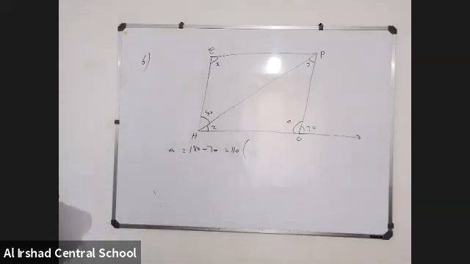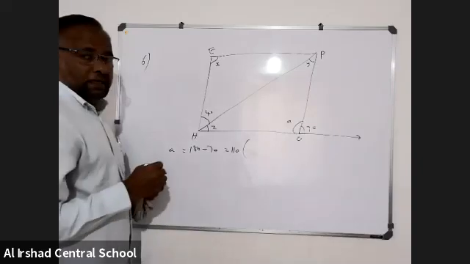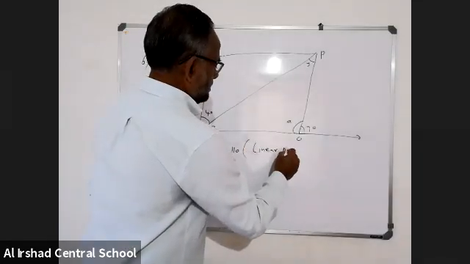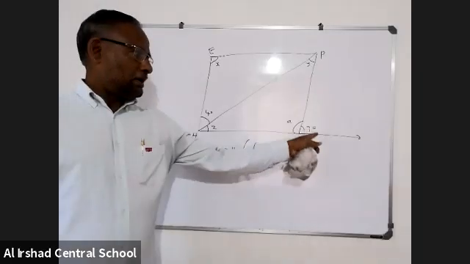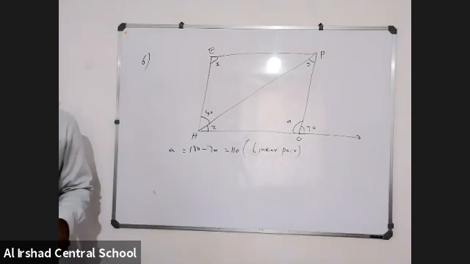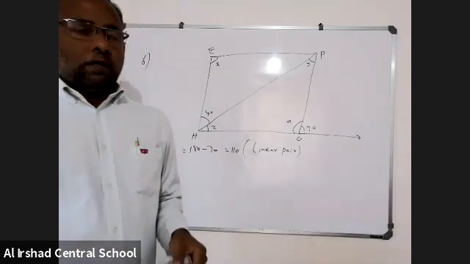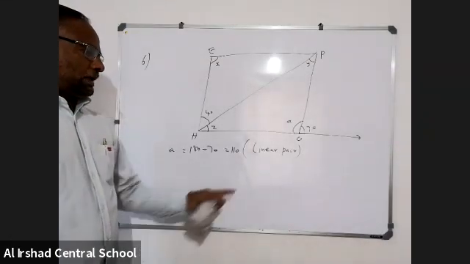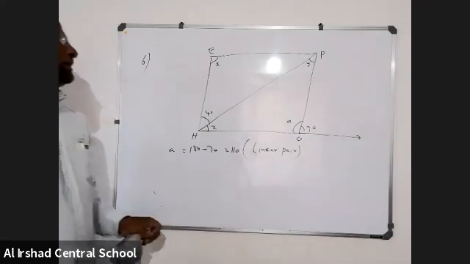What is the reason? Linear pair. You can write the reason. All of you write. Linear pair means angles add up to 180 degrees. When the sum of two angles is 180 degrees, they are called a linear pair. Now forget x.